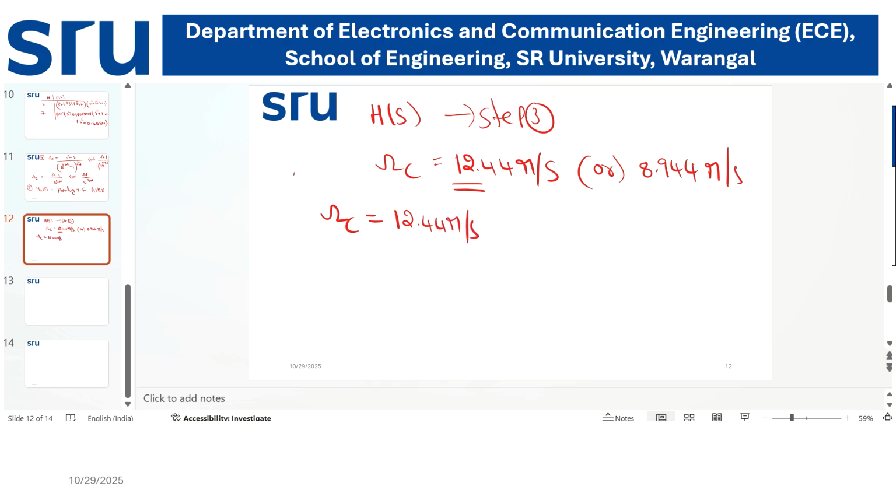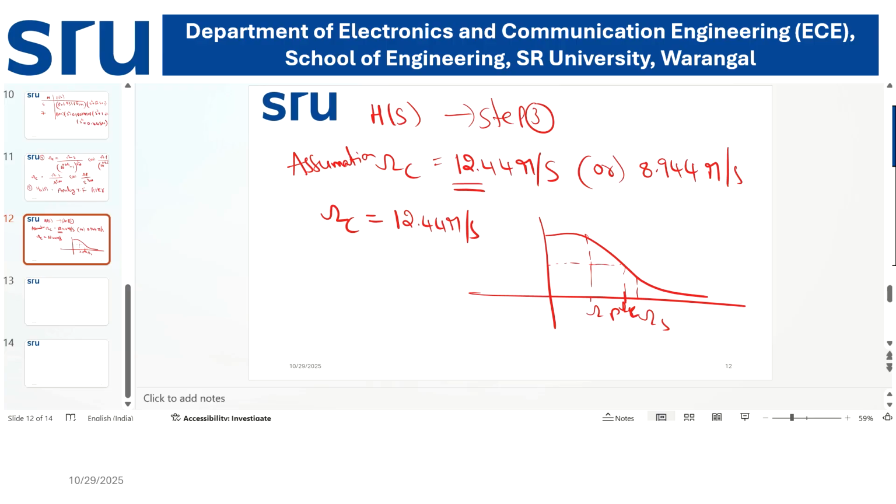This is for assumption. Make sure that the cutoff frequency is always in terms of the passband frequency and stop band frequency, and you have to consider it as the highest. This is the cutoff frequency where the signal has a gain of exactly half of the maximum gain.